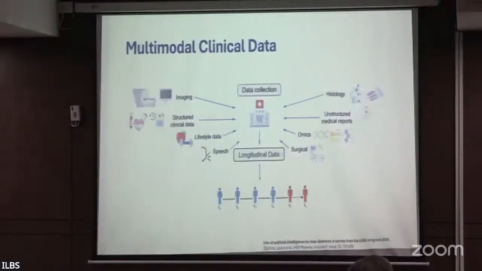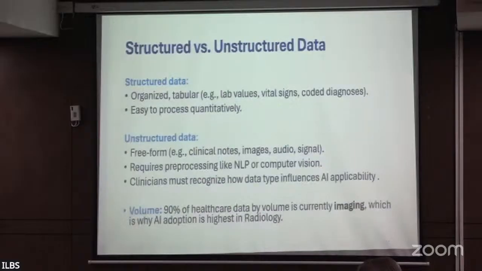So data is of different types and at different time points. Longitudinal data is there, and data can be structured, meaning tabular, imaging, text, and multiomics. Different types of data sets are there. Structured data is what we most commonly use, but these days unstructured data covers almost 90% of healthcare data.